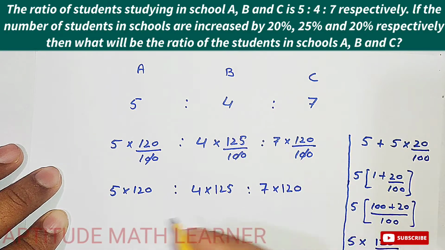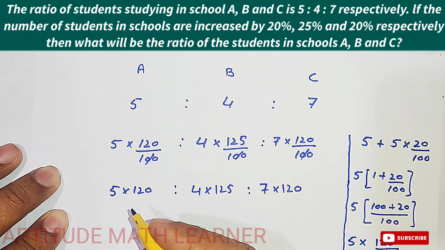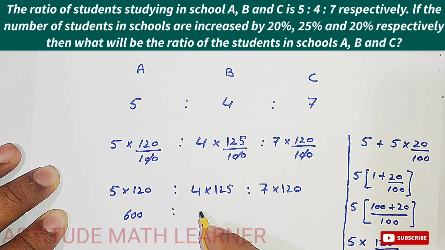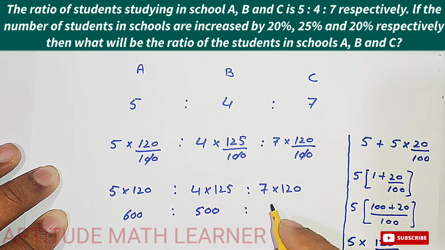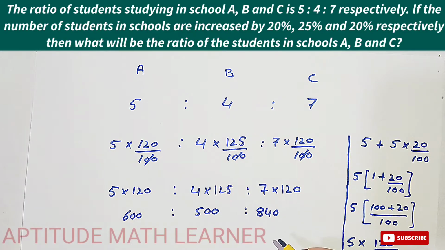So 5 multiplied by 120 gives 600, ratio 4 multiplied by 125 gives 500, and 7 multiplied by 120 gives 840. I hope you have completely understood.